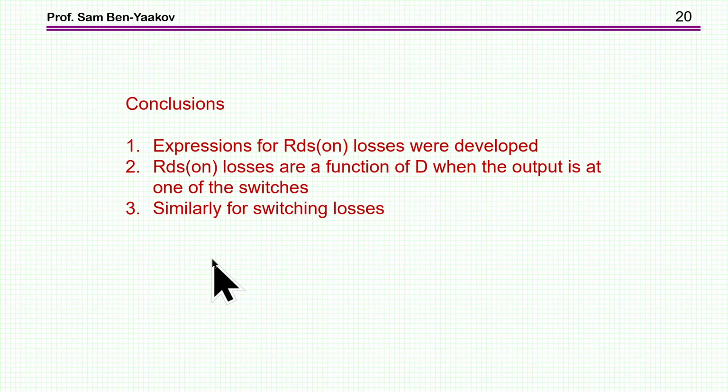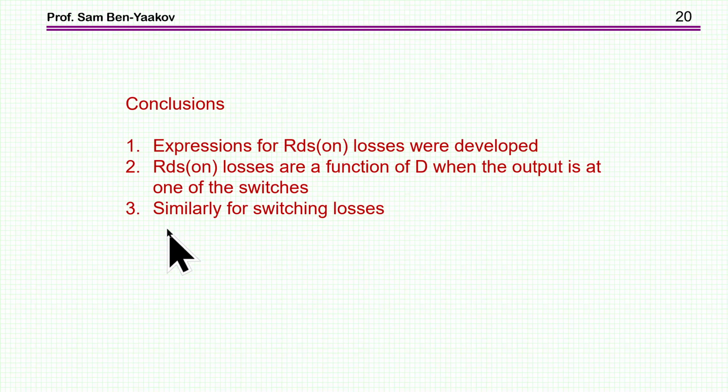So what are the main points of this presentation? First of all, I've developed an expression for the RDS(on) losses in the various configurations. And then I've shown that the switch losses are a function of the duty cycle when the output is at one of the switches, while in the case of the buck, when the output is out of the inductor, it is not a function of the duty cycle, and therefore the losses are not a function of the operating point.